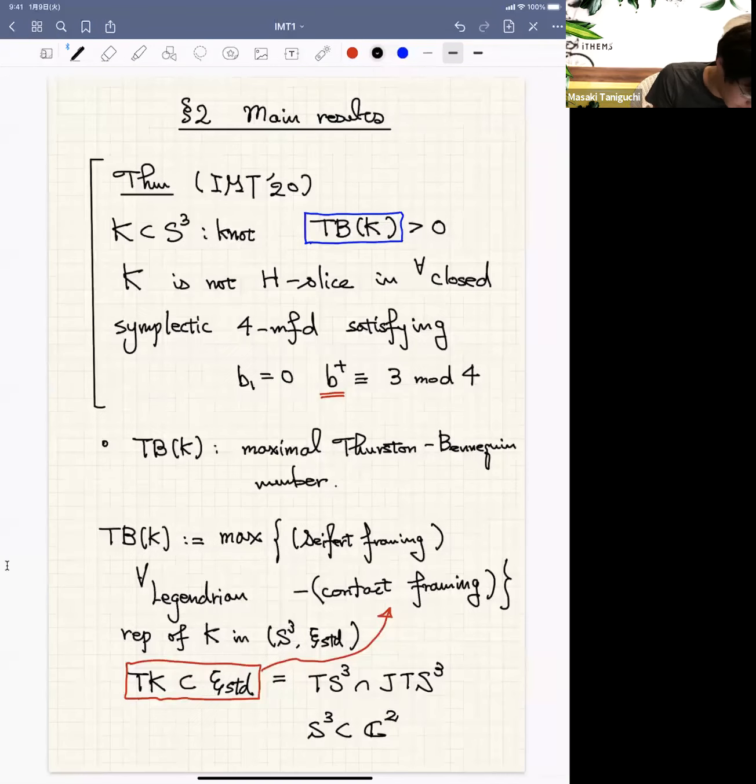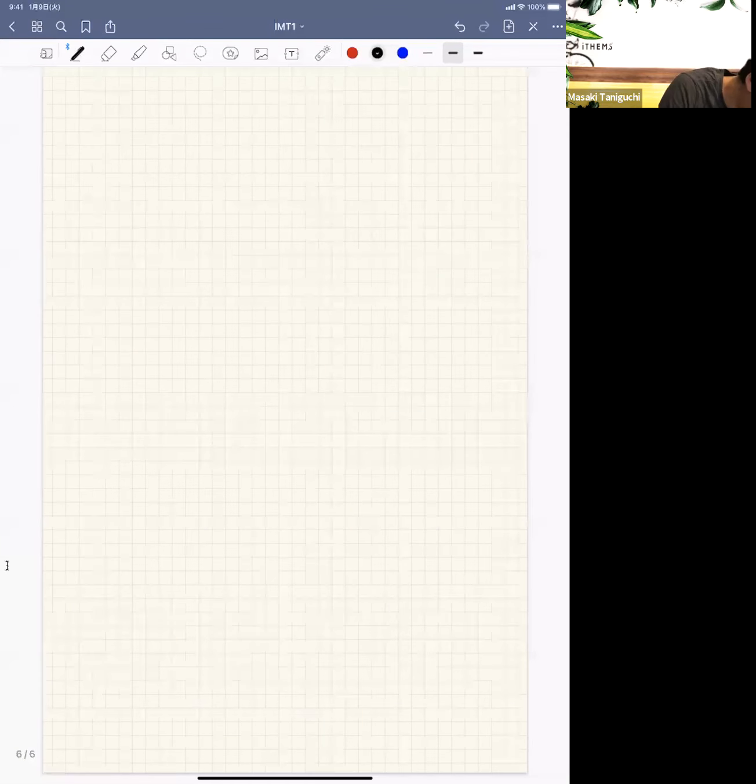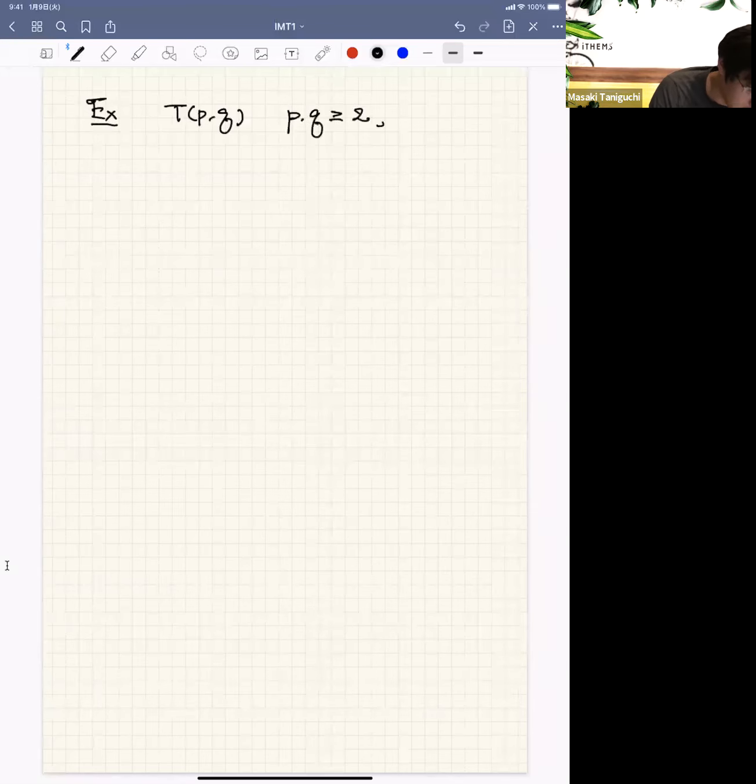Let me say a few calculations of the Thurston-Bennequin number. Let T(p,q) be a positive torus knot. It is computed that the TB number for the (p,q) torus knot is equal to pq minus p minus q.